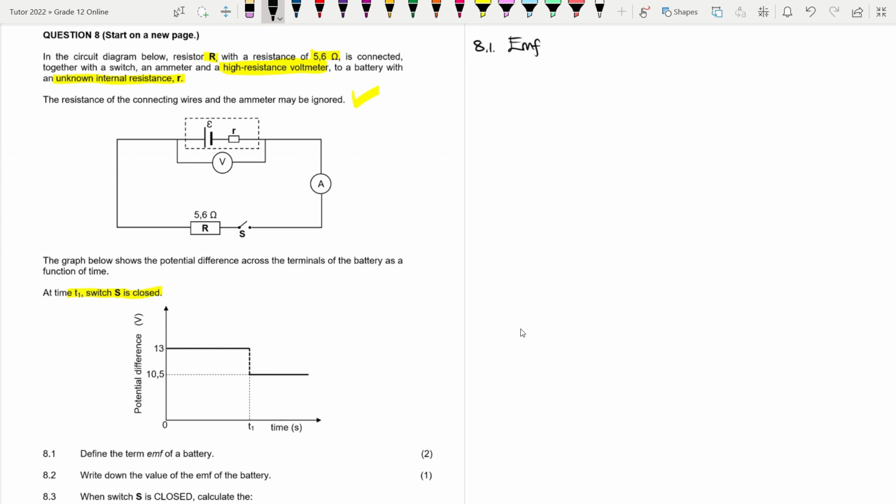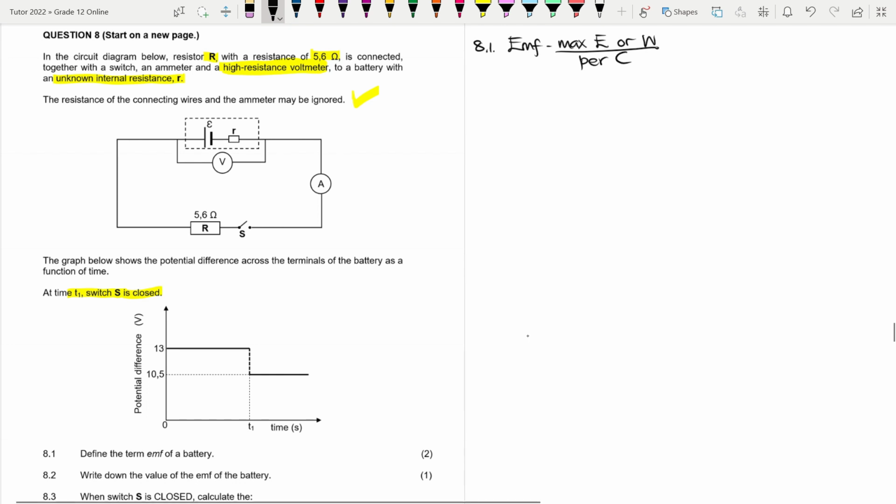Isn't it the maximum energy provided by a battery per coulomb charge passing through it? Yep, exactly. So you're going to mention maximum energy, or you can say work done by a battery per unit charge, so per coulomb passing through it.